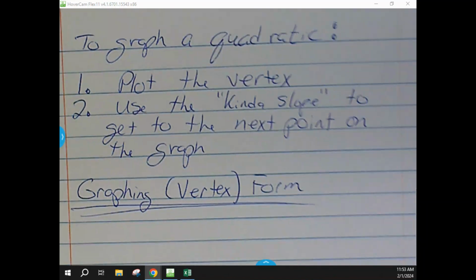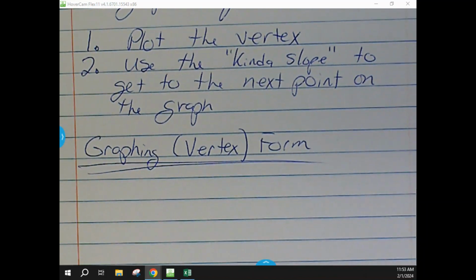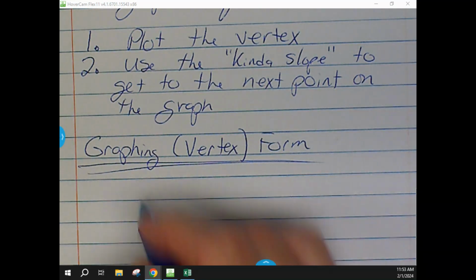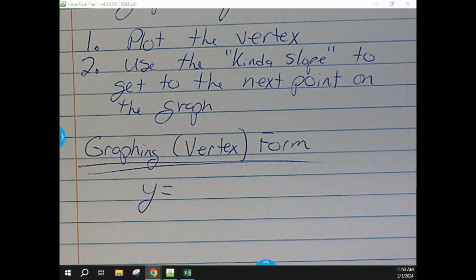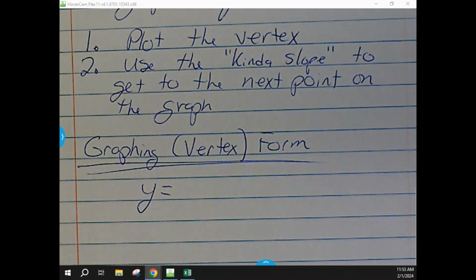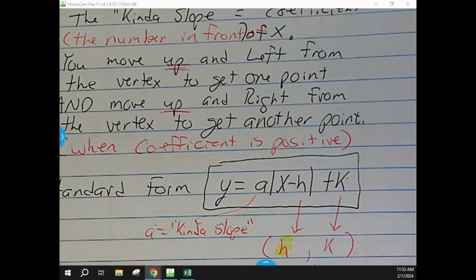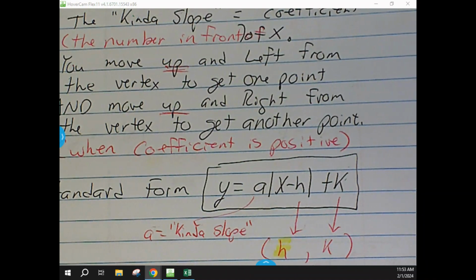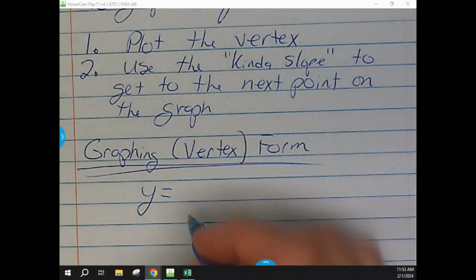Okay, so here's the form. Here's what we're looking at. This is how we're going to be able to find the vertex off this. If you remember, I'm going to flash back real quick, for absolute value it was a times the absolute value of x minus h, plus k. For quadratics, it's almost the exact same thing.